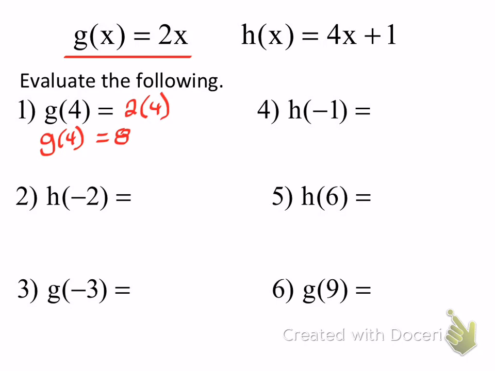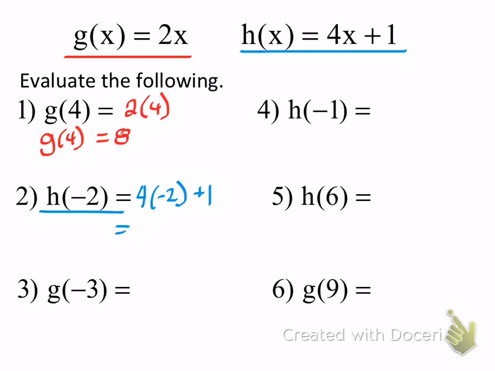This time, I'm going to use the h of negative 2. Which function equation am I using? Gabby? The h one. So I'm using this. And so I'm substituting in, how's it going to read, Nicole? Plus 1.